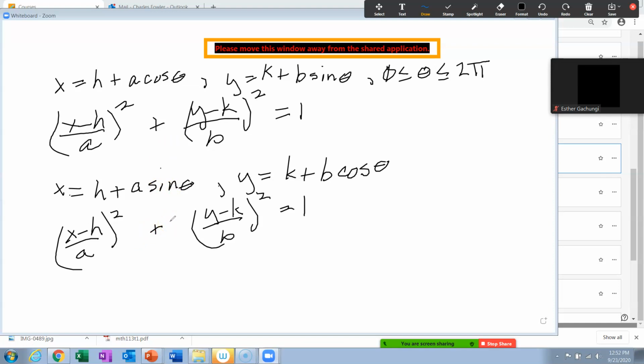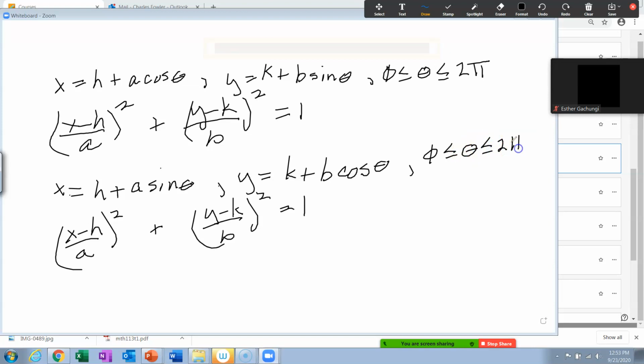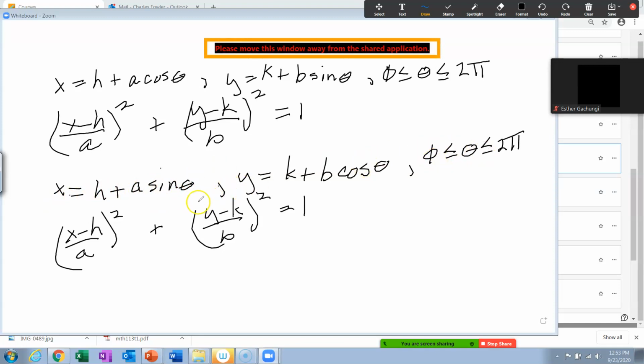So what's the difference? Well, let's think about your action. Oh, I forgot to write this part down, which is important. 0 is less than or equal to theta is less than or equal to 2 pi. Same as before. So why mess with writing it? Well, now, here's where we do our evaluation. See, your x now, when theta is equal to 0, the sine is 0.